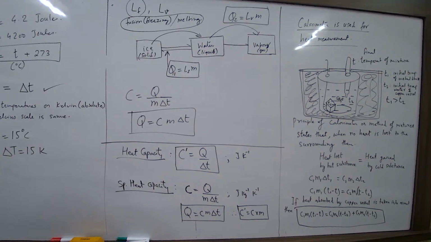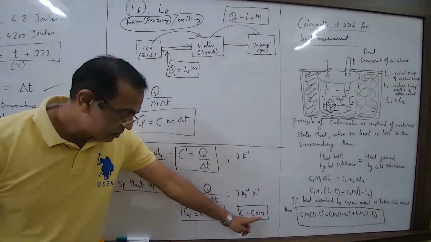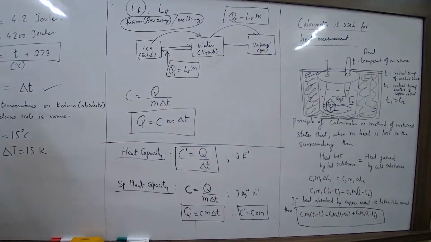Find the answer if you are getting it. You have both mass and specific heat given to you, right? So C dash is equal to C into M.